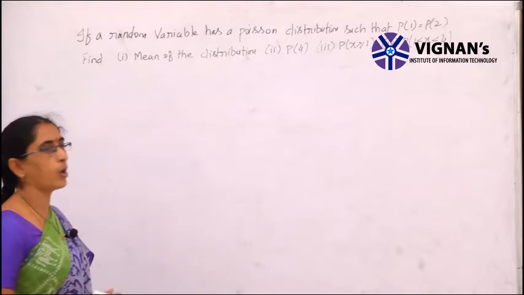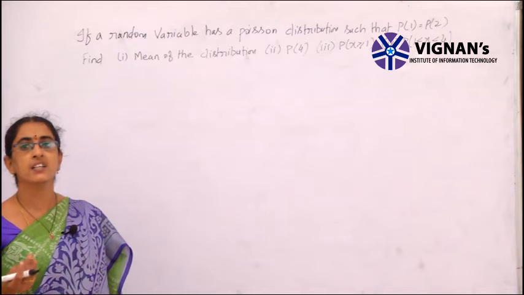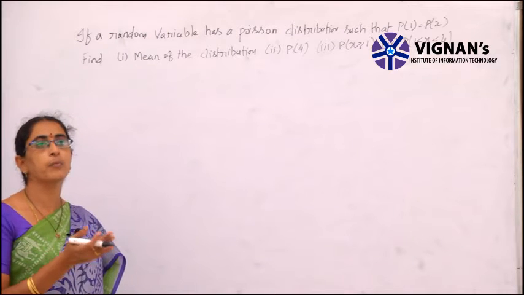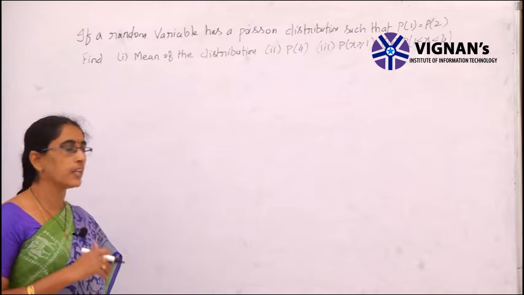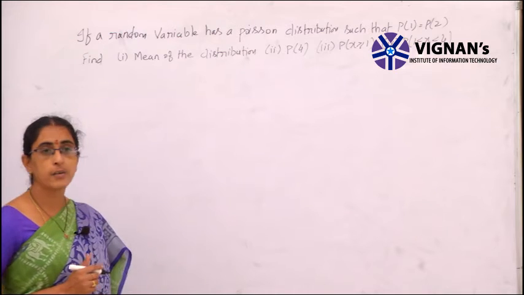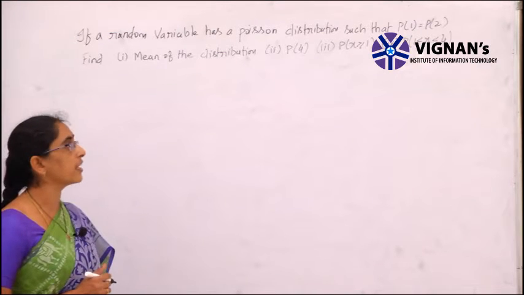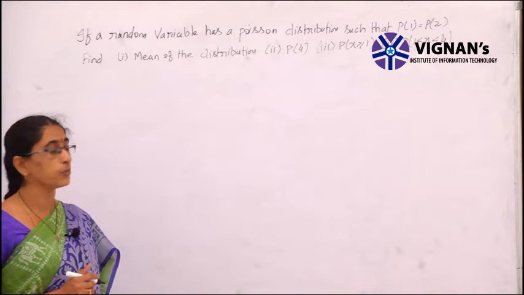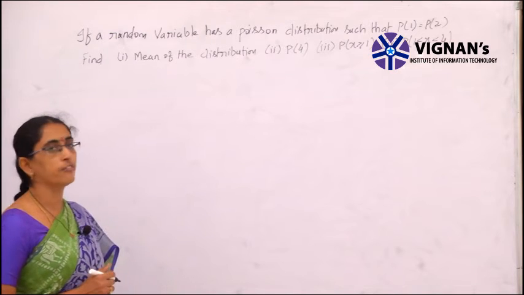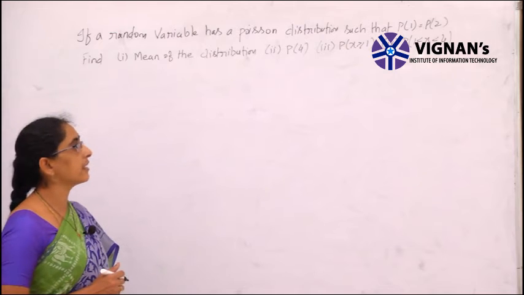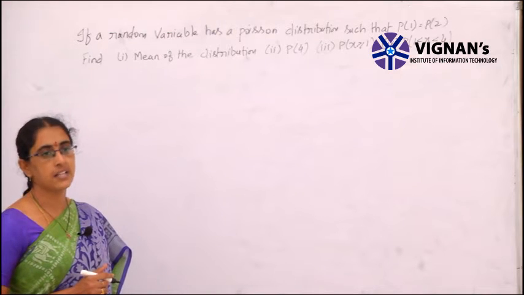Now if you see the first problem here, just like the binomial distribution, where the mean and variance are given and we have to find the probability of x greater than 1 or x greater than 2 and so on. Here also, a random variable x has a Poisson distribution such that probability of 1 is equal to probability of 2. Then find the mean of the distribution, probability of 4, probability of x greater than or equal to 1 and probability of 1 less than x less than 4.